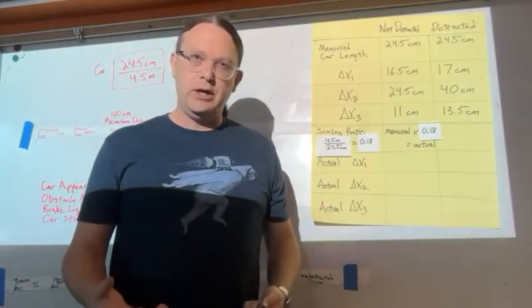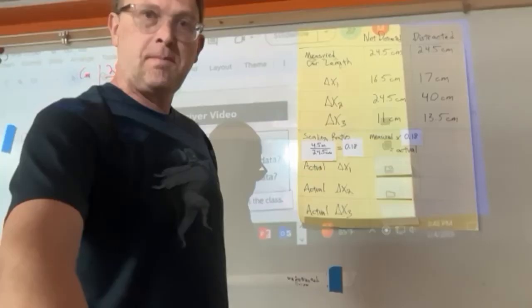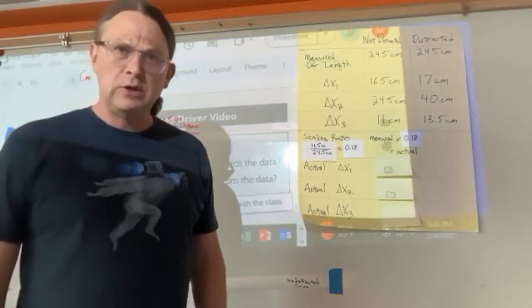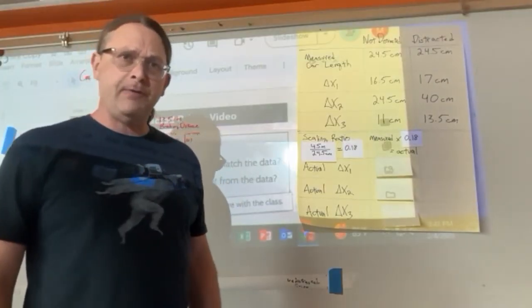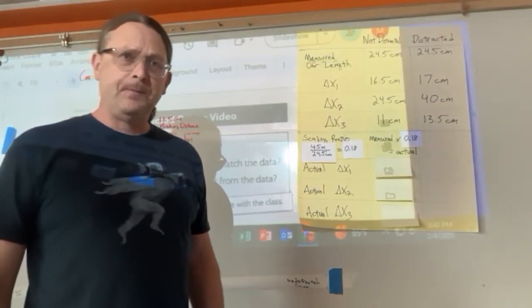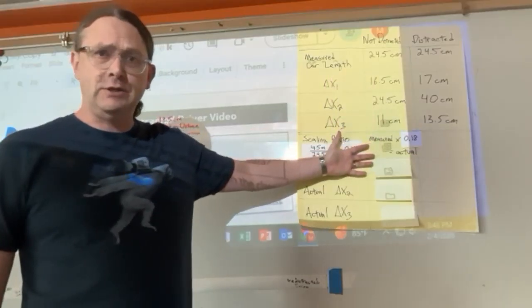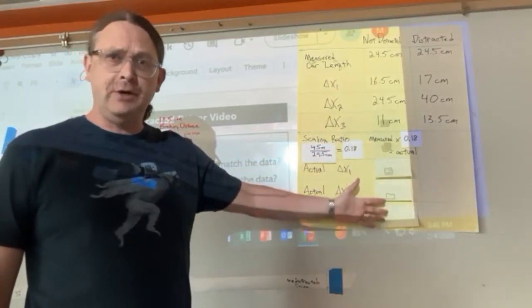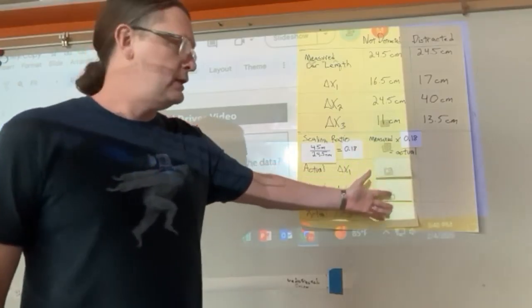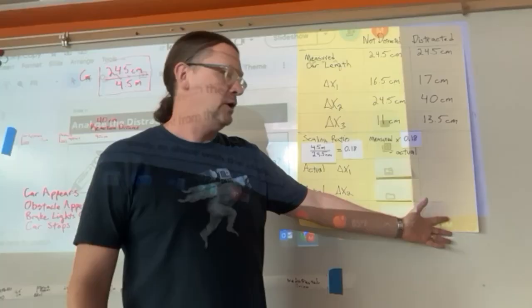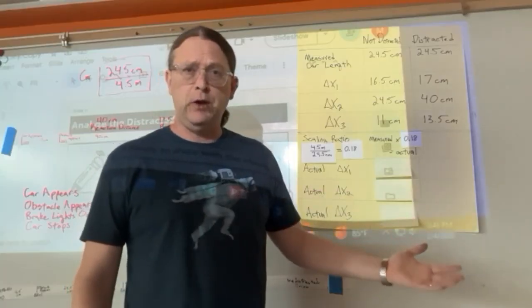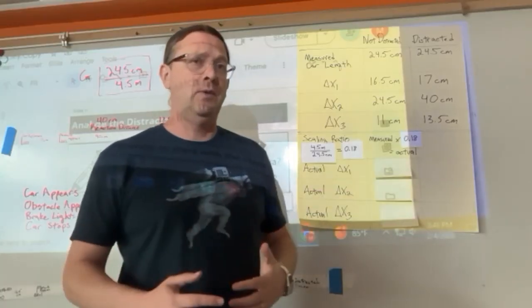Do that on your handouts. So now that we have measured our data and scaled our data to the proper ratios, you should have these values filled in. I'm not showing them to you in the video, but do them on your handout.